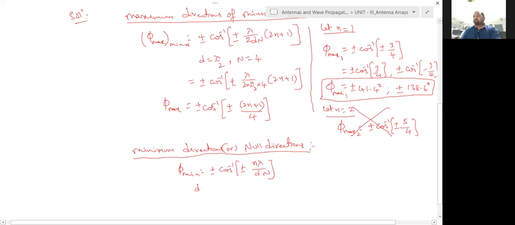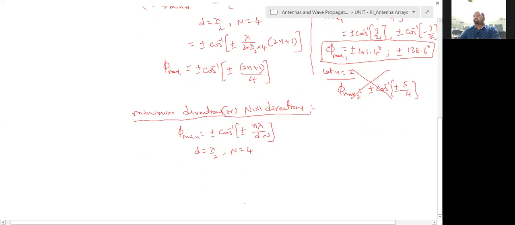Given data, small d is equal to lambda by 2 and capital N is equal to 4. So the spacing between the elements is lambda by 2 and the number of elements in the array is 4. Substituting and simplifying, phi minima is equal to plus or minus cos inverse of plus or minus n lambda by lambda by 2 into 4.